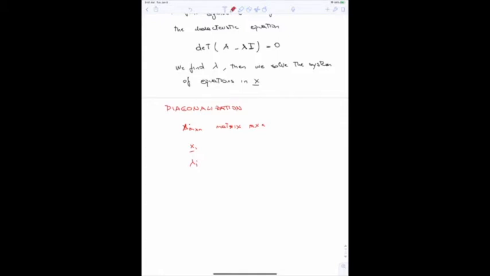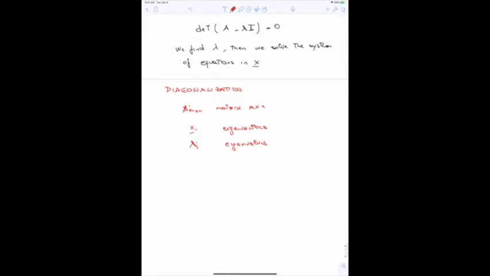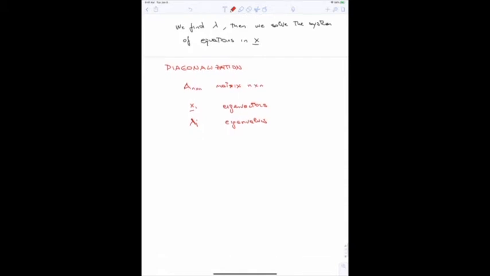I switched them. The eigenvalues are scalars, the eigenvectors are vectors. And this is the lambda, the Greek letter. Here, this has to be square, so A is n times n. Sorry about that. Well, then we say we can diagonalize A.